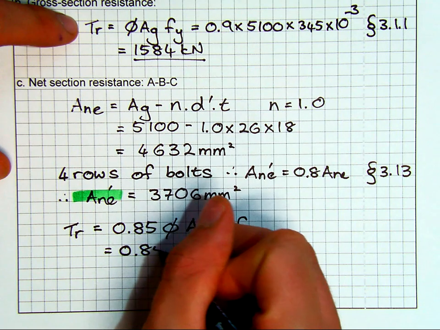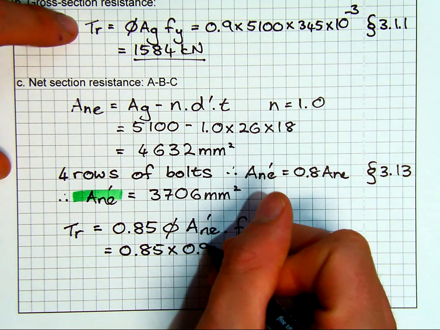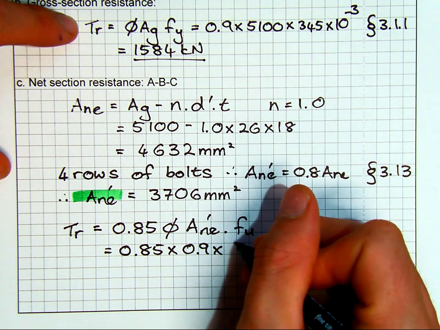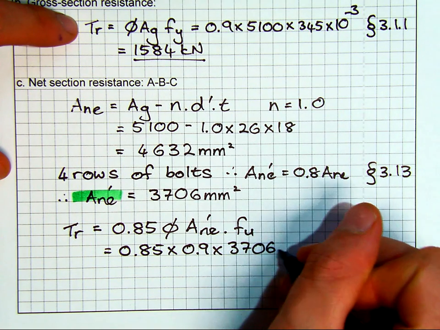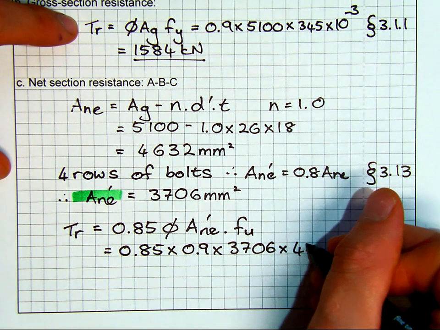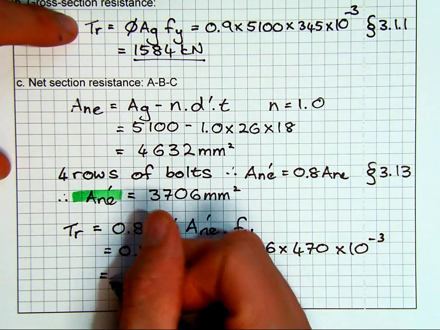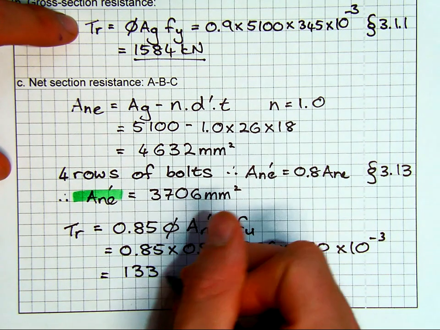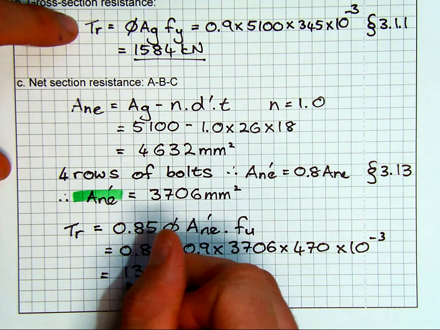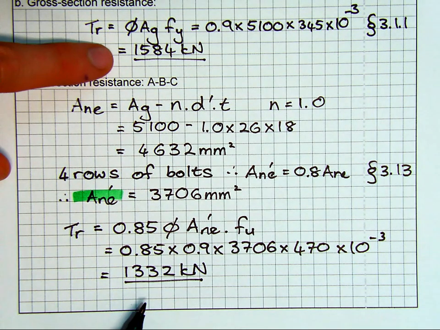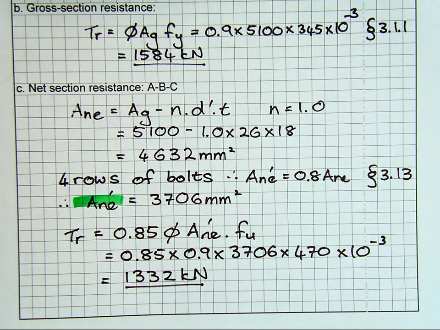So this is 0.85 times 0.9 times the area we've just worked out, times the ultimate stress, and then convert it into kilonewtons, and we have 1332 kilonewtons. And already you can see the capacity has dropped a little bit versus the capacity calculated earlier.